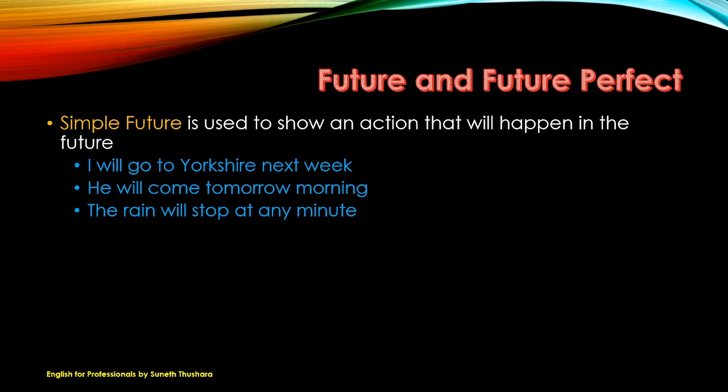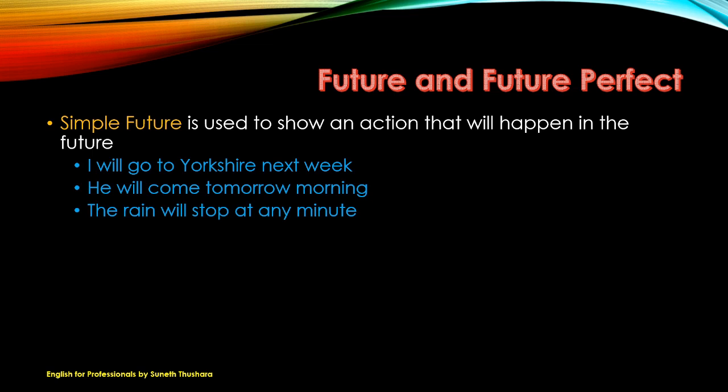Then future and future perfect. We'll first describe what is simple future. Simple future is used to show an action that will happen in the future. I will go to Yorkshire next week. So that is something happening in the future. He will come tomorrow morning. The rain will stop at any minute. Okay, in some other lesson, we will try to understand where you can use will to indicate the future and where you can use the simple present tense to indicate future, and what is the difference.